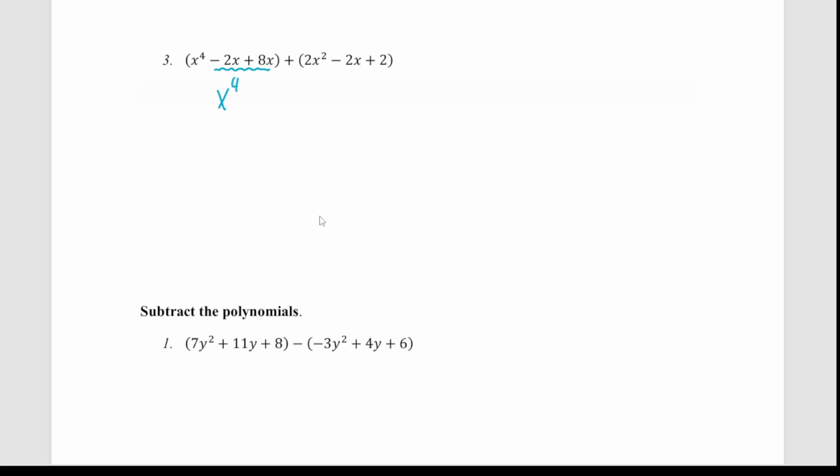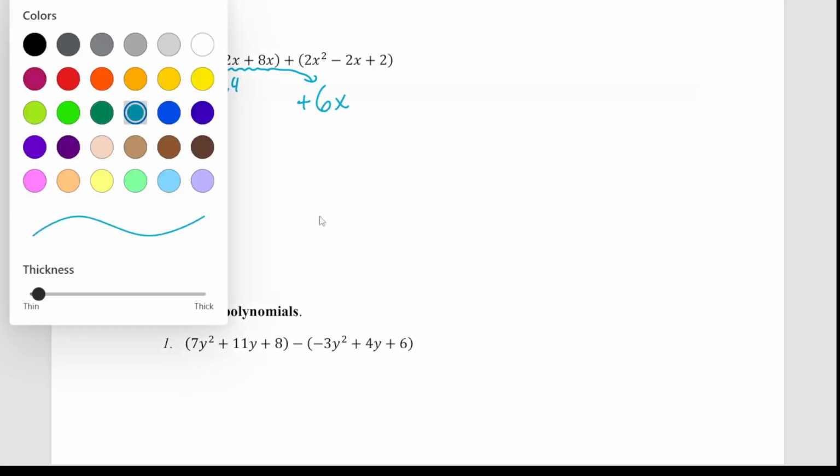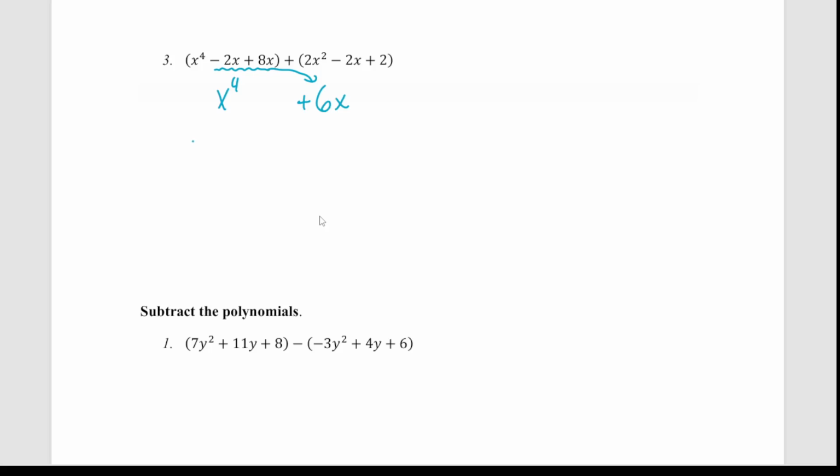So I have 4x cubed plus 6x, because those two terms combined to make 6x. I can do that addition before I start combining it with the other parenthesis. Then I'm going to line up my other parentheses. So then I've got 2x squared. Notice how I lined him up under that blank space because there were no x squareds in the other term. Minus 2x plus 2, and then I'm going to vertically add these up.